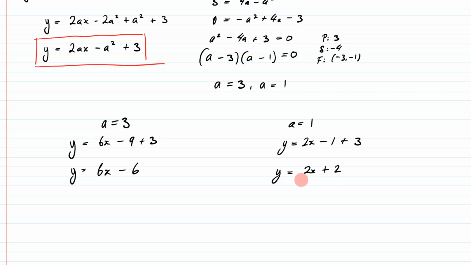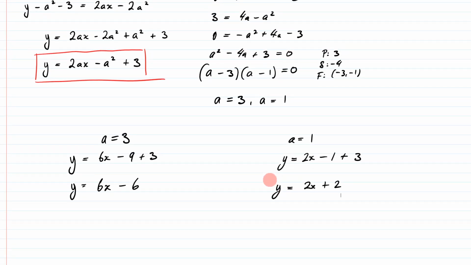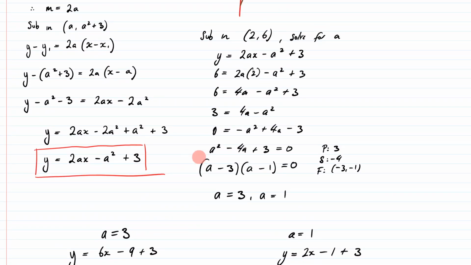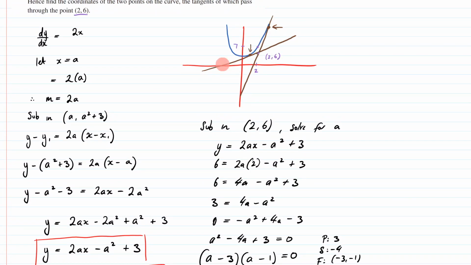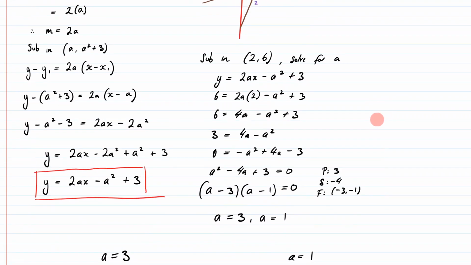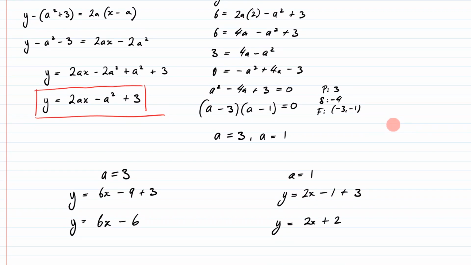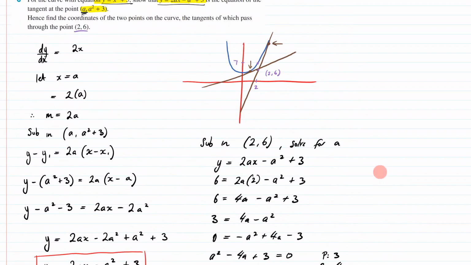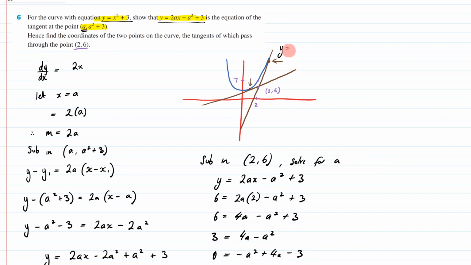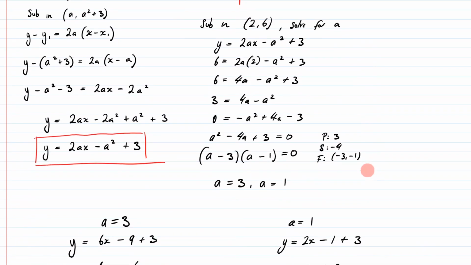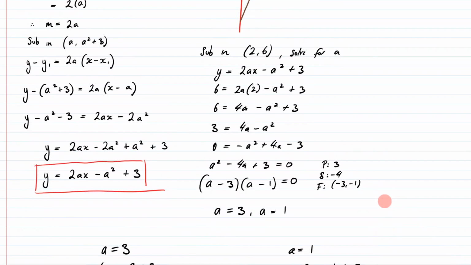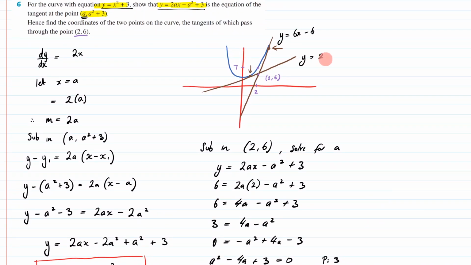Okay, so now that we've done that, what we have found is these two lines. This one is going to be Y is equal to 6x minus 6, and this one's going to be Y is equal to 2x plus 2.